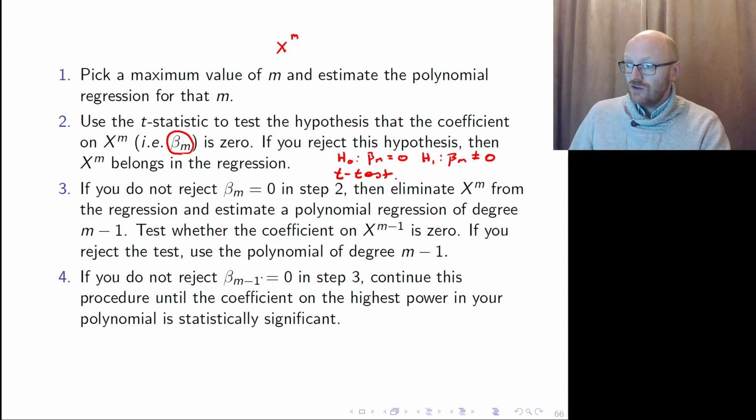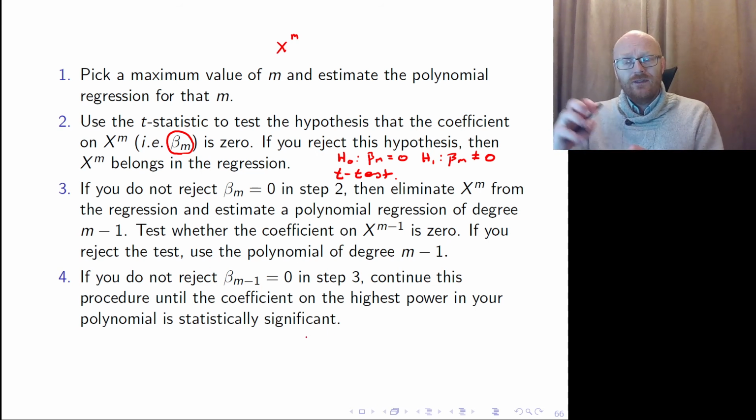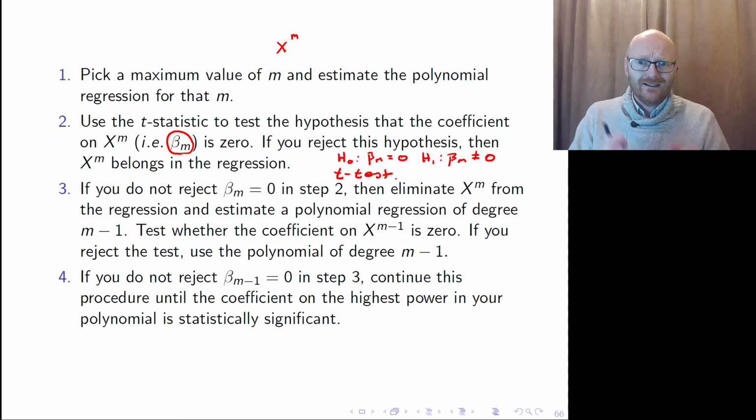And if you do not reject beta equal to 0, then you just take the highest polynomial out and rerun the regression until you have a beta which is statistically significantly different from 0. And then you're done. You have a model which, based on the statistics, is the correct model to use.